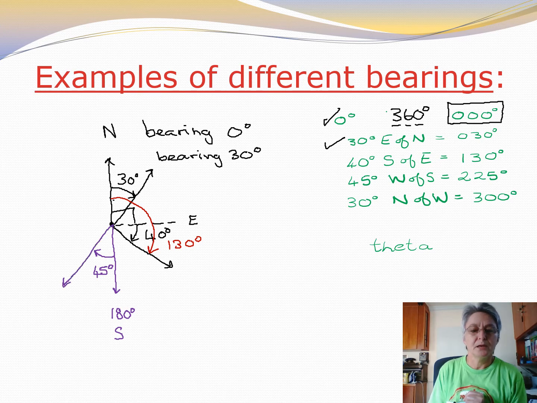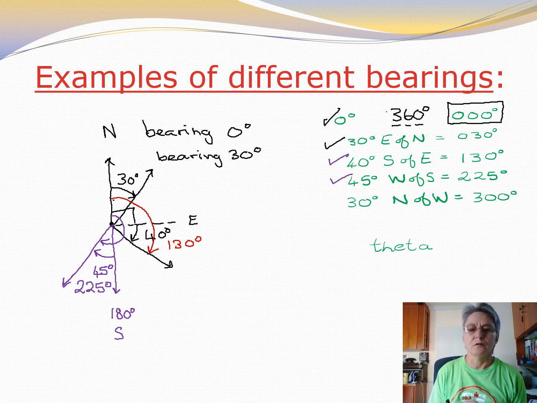Now, the bearing method measures the angle from north, so it's 180 degrees plus 45 degrees. That makes 225 degrees. So we've done that one and we've done that one.